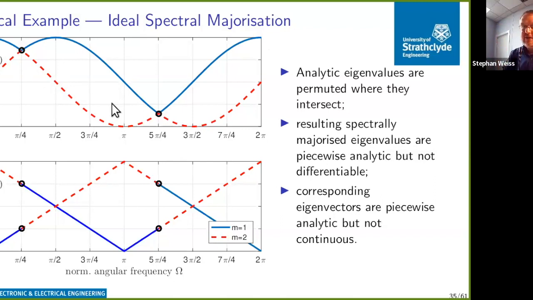And because we switch the eigenvalues, we also switch the eigenvectors. So you see that below, over this interval we also have a flip of the eigenvectors. So what's the impact of this? We have a discontinuity for the eigenvectors. That's quite bad. And we have a non-differentiability for the eigenvalues, which is also not good, but not as bad as a discontinuity.